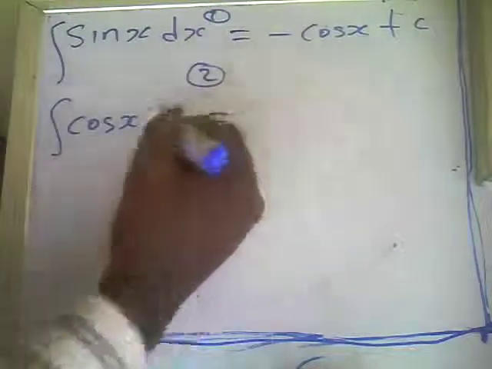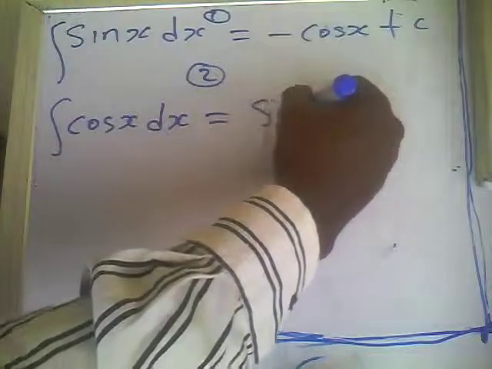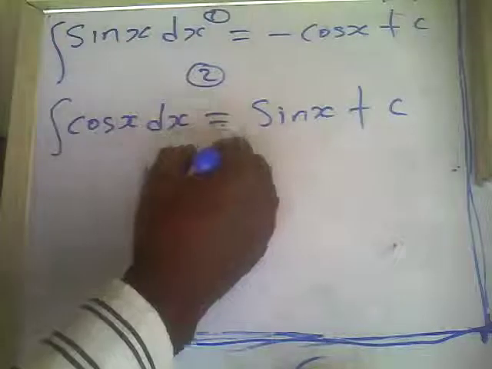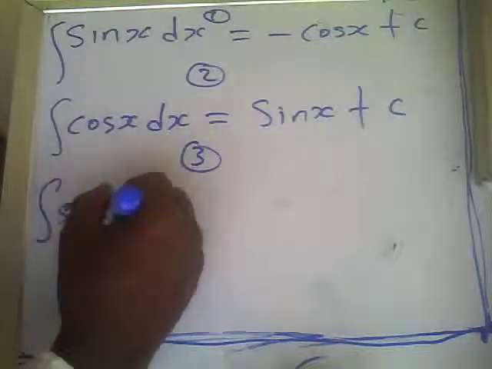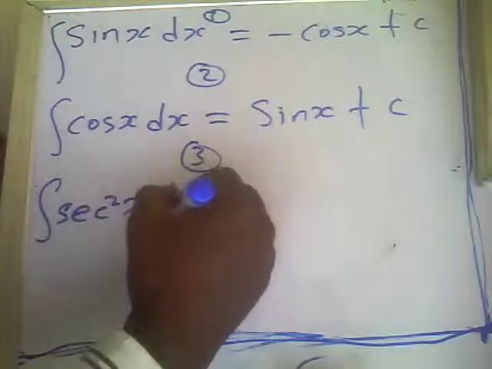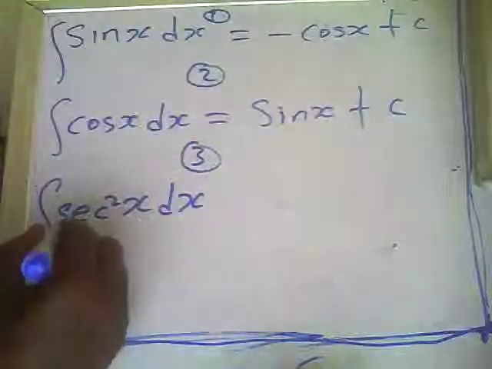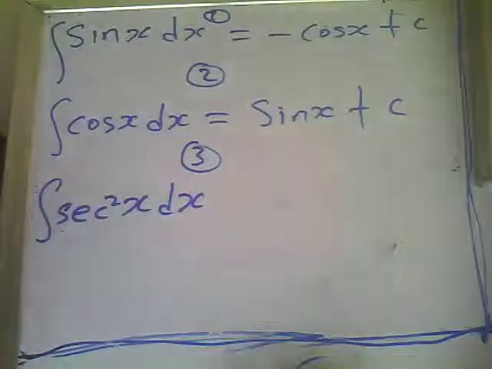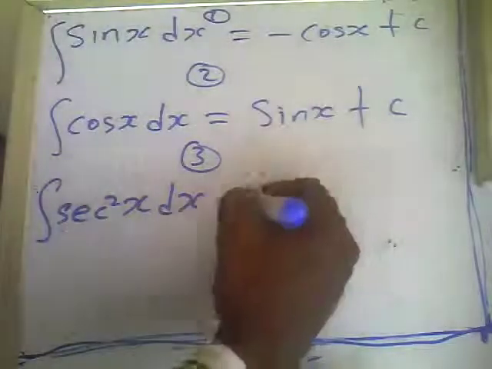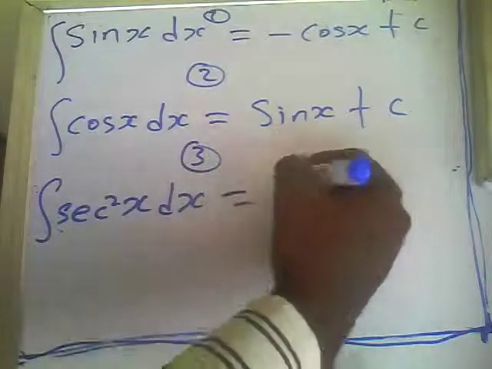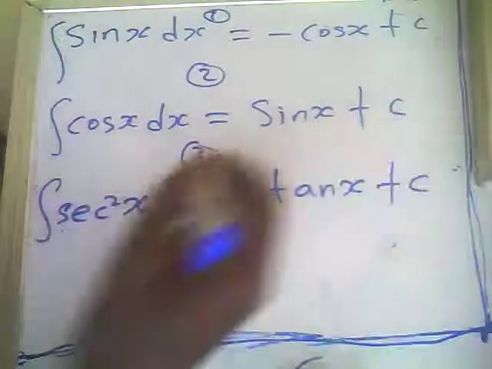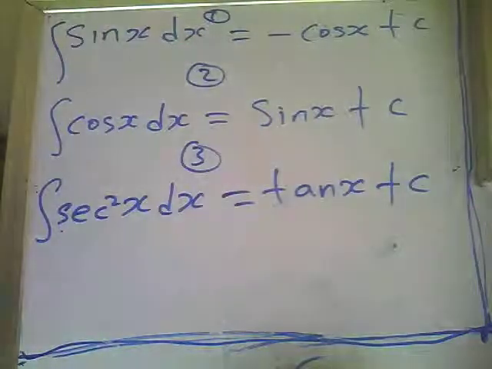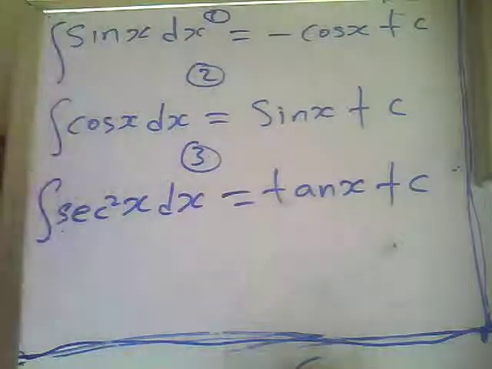The integral of that will be sine x plus c. Number three, when we are given the integral of sec squared x dx, remember that sec is the reciprocal of cos. It is going to be tan x plus c. That is the integration of trig functions.